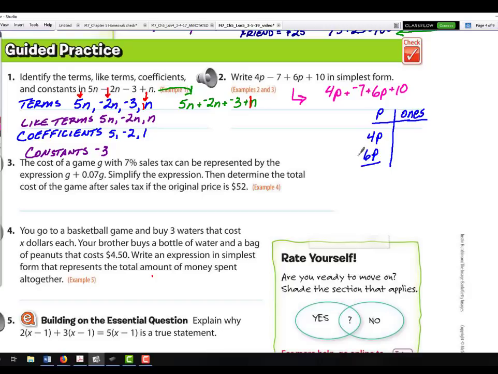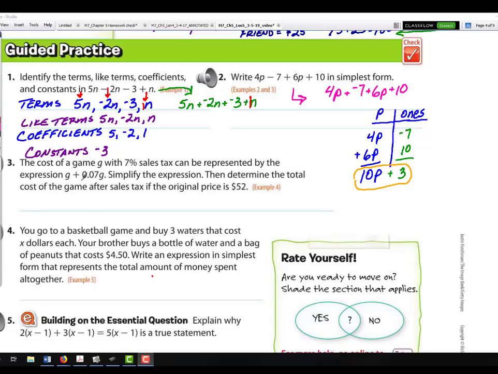I can add those together, and that's going to be 10p. In the 1s section, I have negative 7 and positive 10. If I add those together, I get 3. And my final answer is 10p plus 3. All right, go ahead and do number 3.